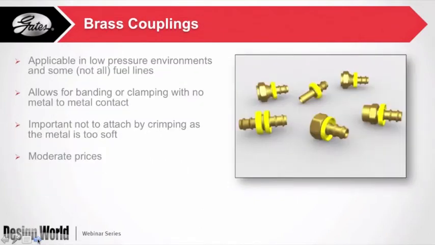Brass couplings. Brass couplings are readily available, used in a lot of different applications for, say, an SAE 45-degree flare for fuel lines or airlines or a lot of different areas. And generally, a lot of times brass will be what we call a push lock fitting that goes into the hose. You simply push it into the hose, and the sharp serrations on the barb are pushed backwards so that they're actually going to lock in kind of like a Chinese finger trap, and you won't have to put a clamp on it.